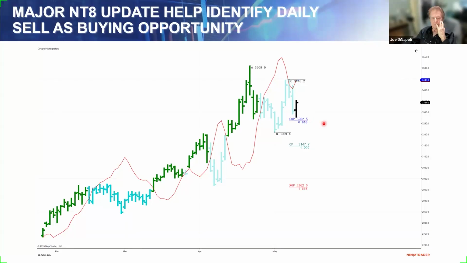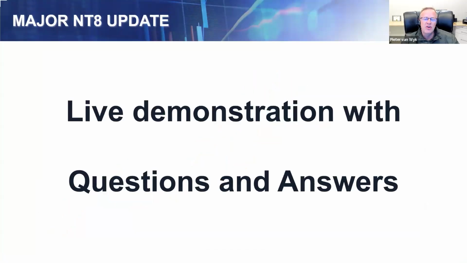I use this because looking at different time frames can get so complex that you can sometimes get caught up. There are so many signals and there's cognitive dissonance. What do you look for? So the one thing I wanted to show in a live demonstration is a chart and how the indicator works.